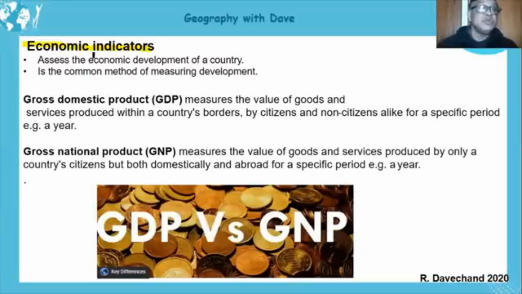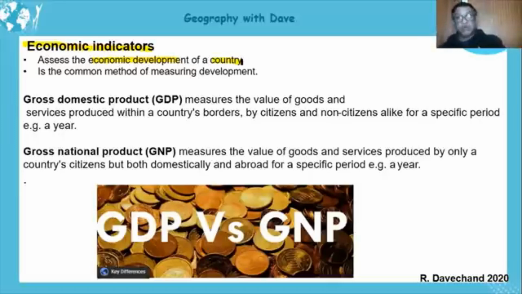What does this do? It looks at the economic development of a country, the finance, the money we're earning, the average income. All this is economic. Remember the impact. Like you look at the per capita GDP, the average for the people across the country.